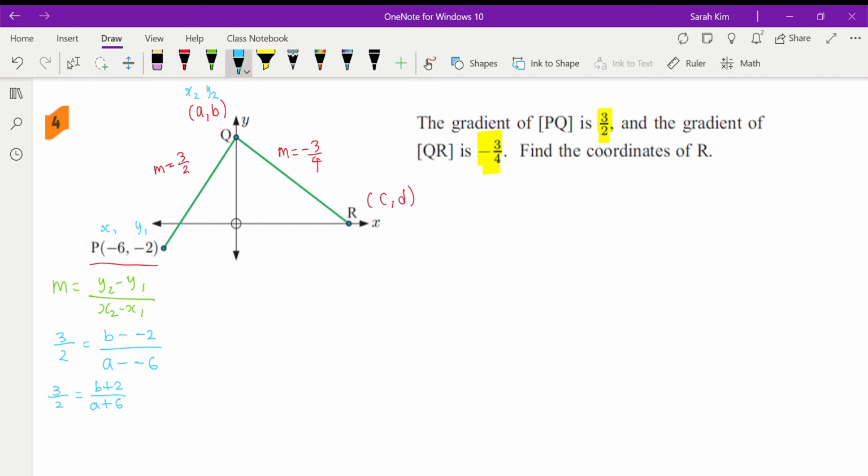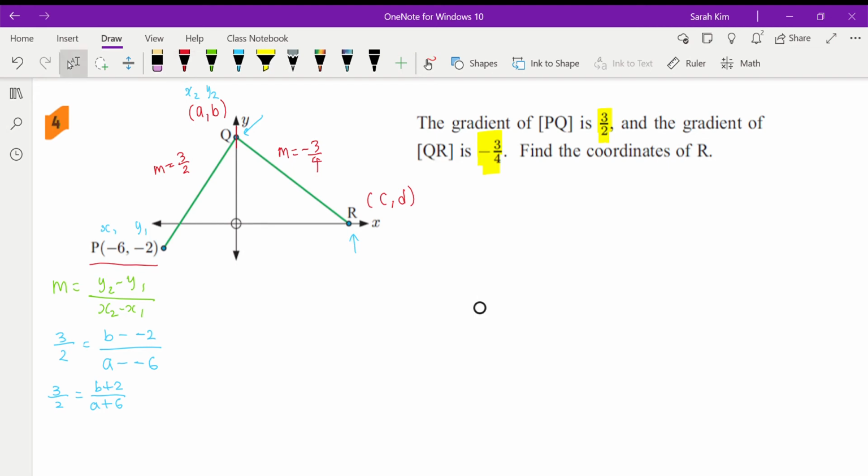What I can do is also figure out something special about the coordinates C and D over here. I actually know one of A and B, and I actually know one of C and D. Let's see how I can tell that. This is intersecting at the y-axis.